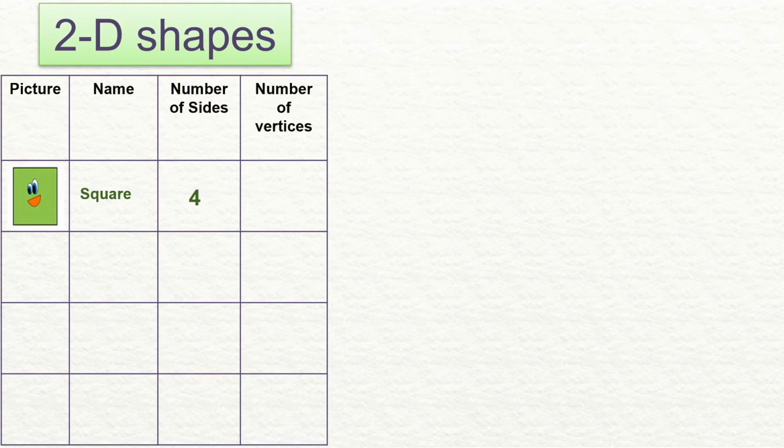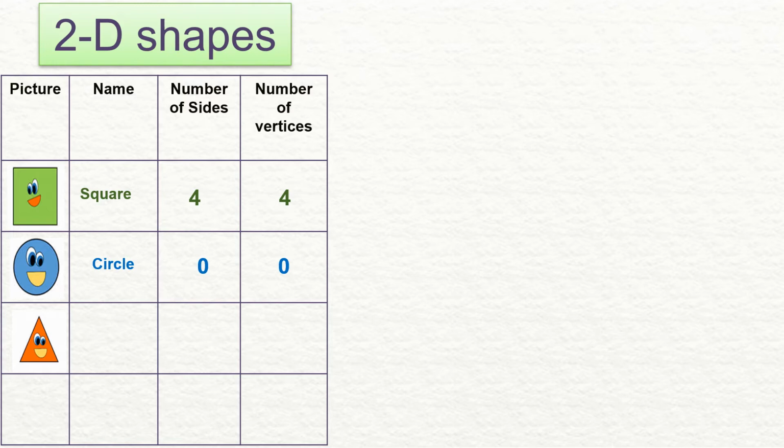The vertex is a corner where sides meet. So here we have 4 vertices. Then we have circle. How many sides? We said that the side is a line segment, but here there is no line segment, so 0 sides and also 0 vertices.